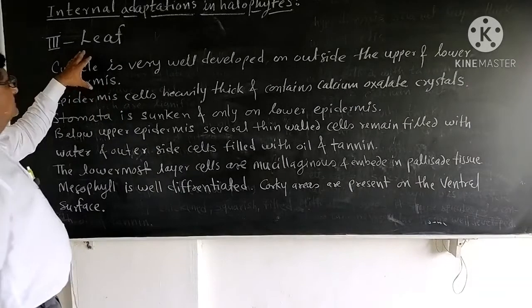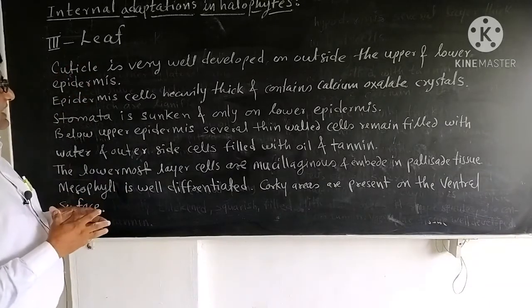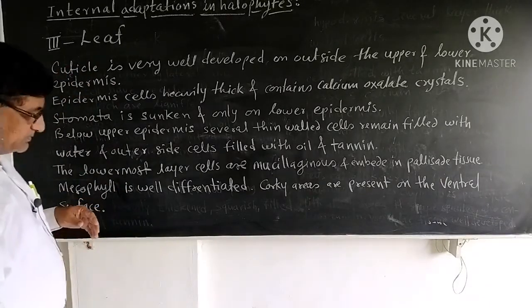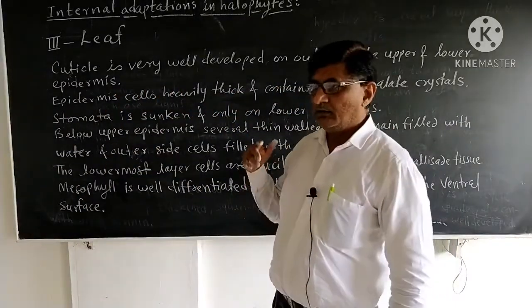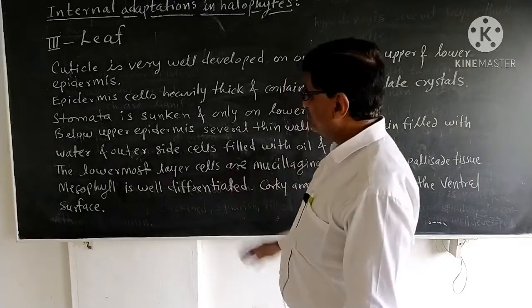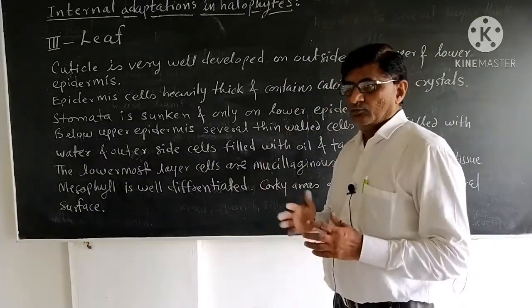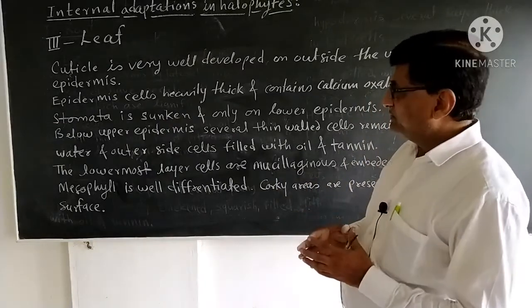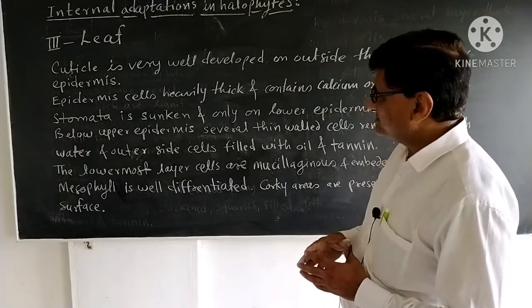Now we will see the internal adaptations in the leaf of halophytes. The leaf of a halophyte is dorsiventral, and they remain always green. When you take a vertical transverse section of the leaf, you will find the upper epidermis and lower epidermis.